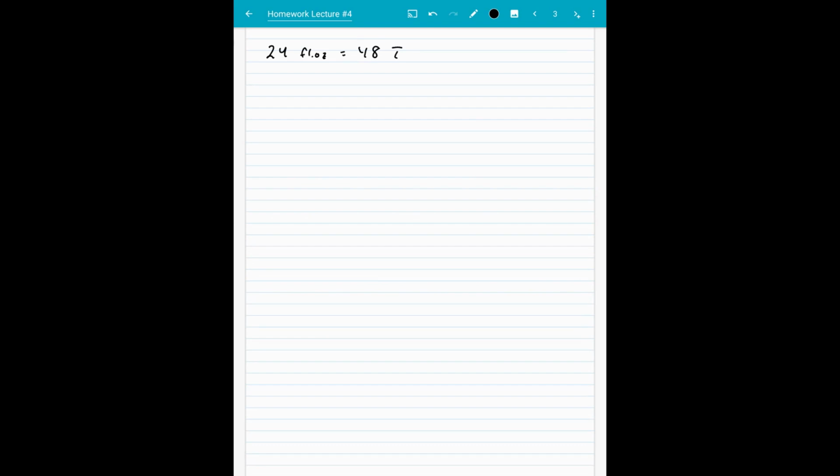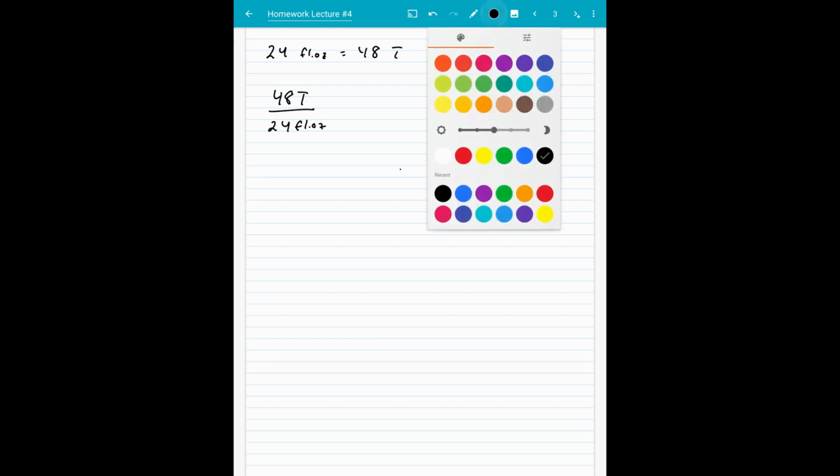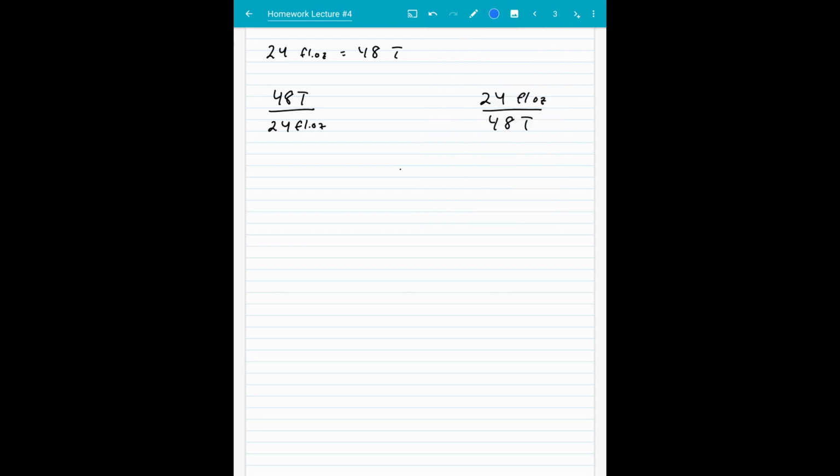That's a ratio. So we can make our own. We can say for every 48 tablespoons, we have 24 fluid ounces. Or we could say the other way, 24 fluid ounces, we have 48 tablespoons. And you can reduce that. So I showed you how to reduce fractions. The largest number that goes into both 48 and 24 is 24.